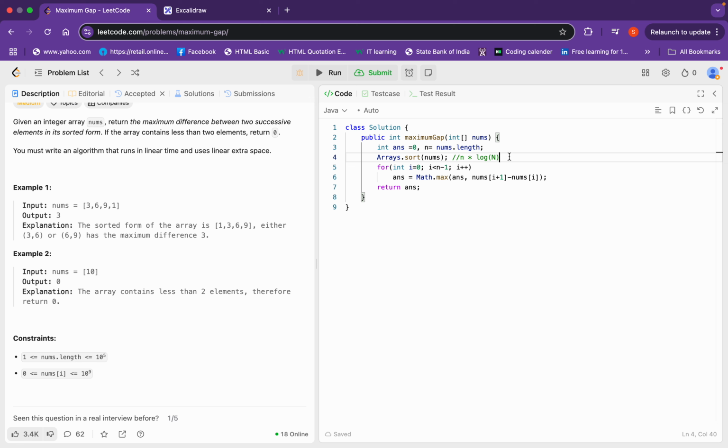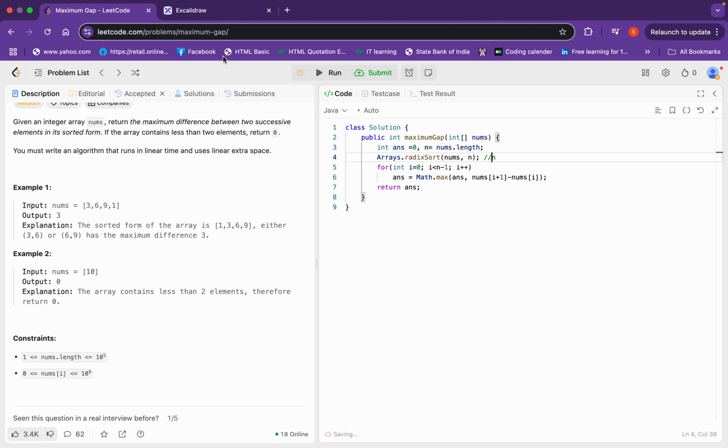What we can do is deploy Radix Sort. Radix Sort takes the array and the length of the array, and the complexity becomes O(n).